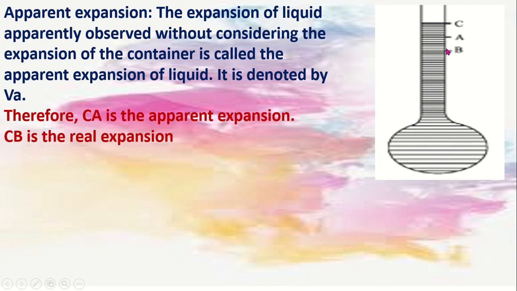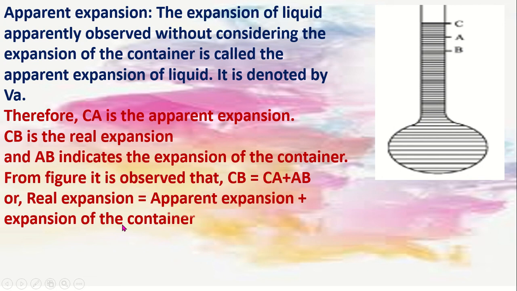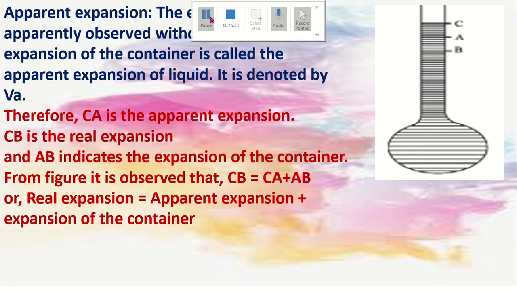AB is what? Expansion of the container. From the figure it is observed that CB equals CA plus AB, or real expansion equals apparent expansion plus expansion of the container.